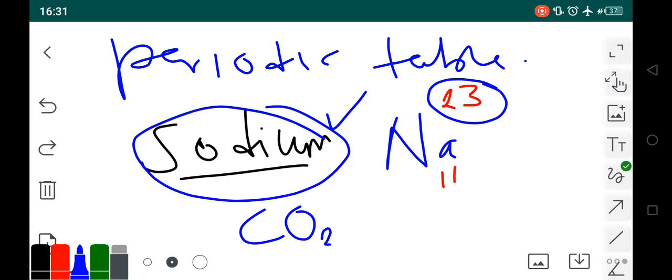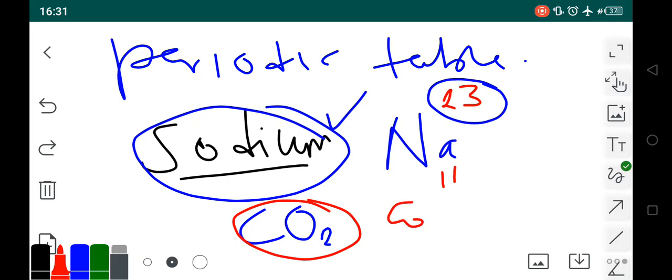Carbon dioxide is not found on the periodic table because it is a compound. A compound cannot be found on the periodic table.